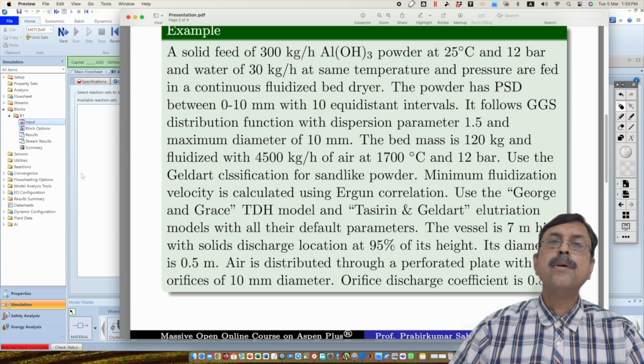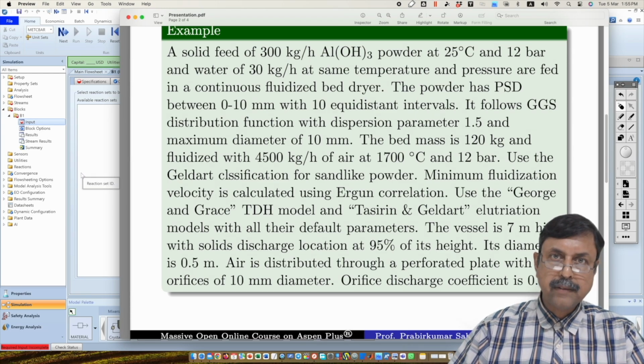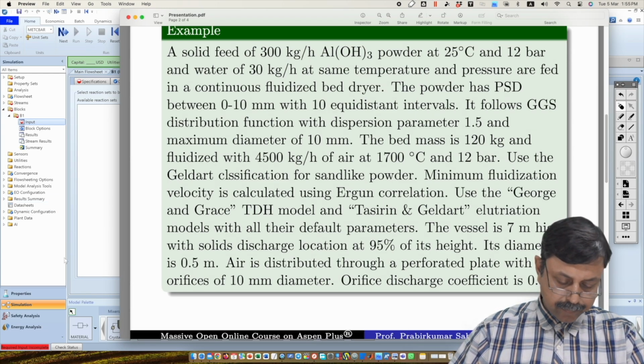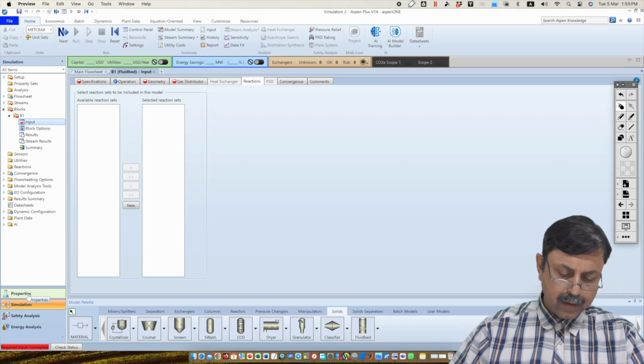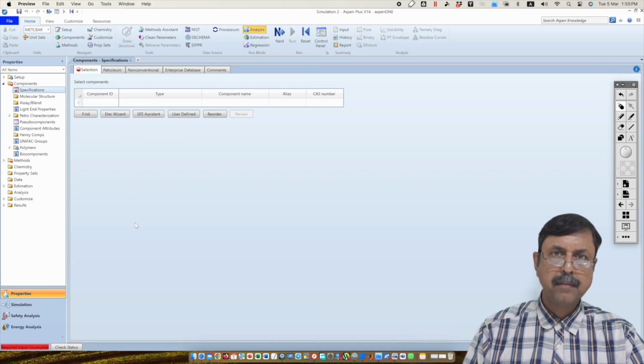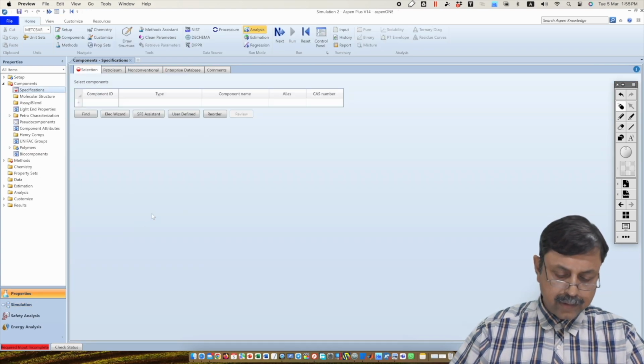Okay, so let us go back to Aspen Plus and feed in the data. First go to the properties, because we have to first place the components. What are the components that we have?